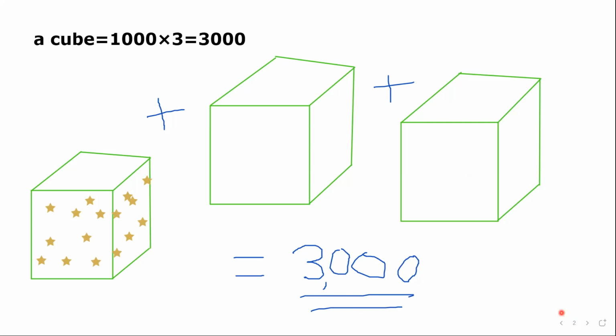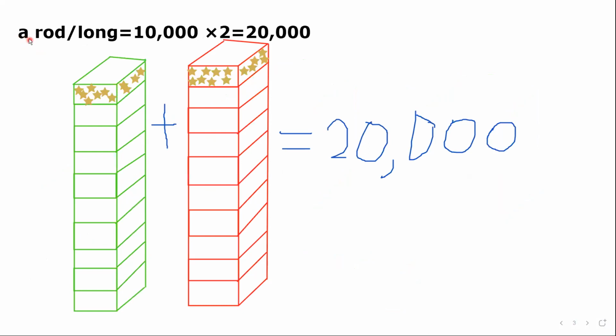The 3,000. Then when you come to this side, we have already indicated that a rod is equal to 10,000. So the question was to draw or model 20,000. Once you know a rod is 10,000, you draw two rods to represent the 20,000.